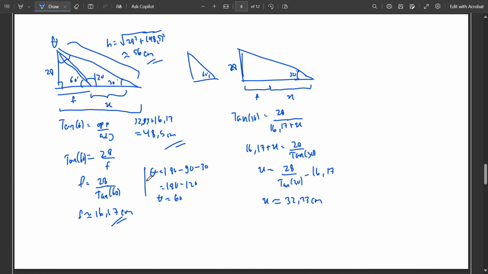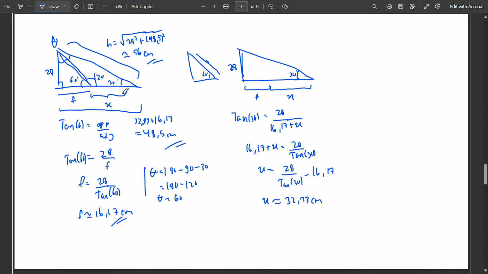Theta is equal to 60. So this angle here is 60. Okay, well, cool. We found every side and every angle. Well, not yet. Sorry, we haven't found this one.